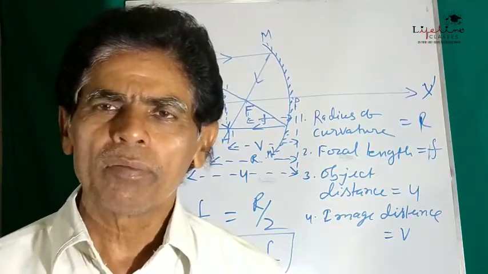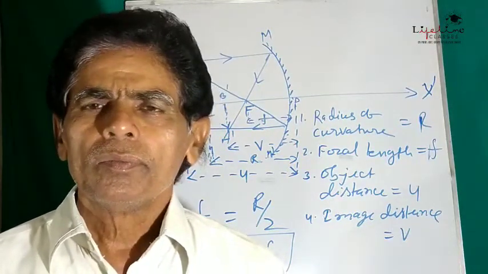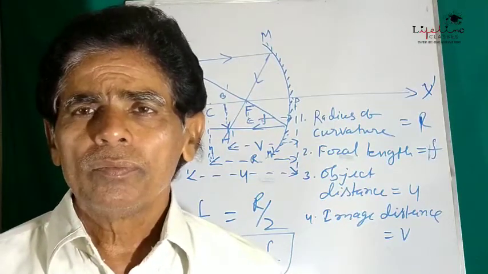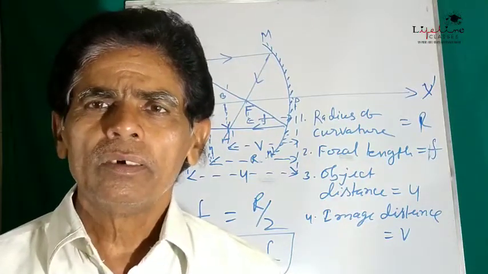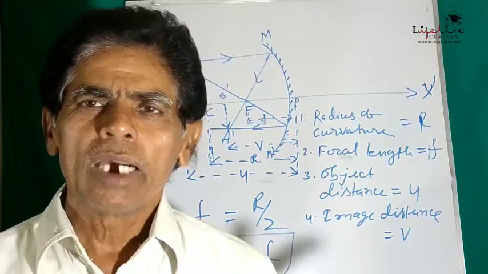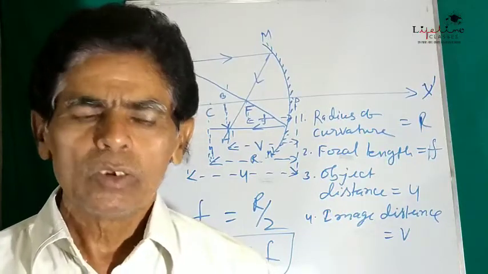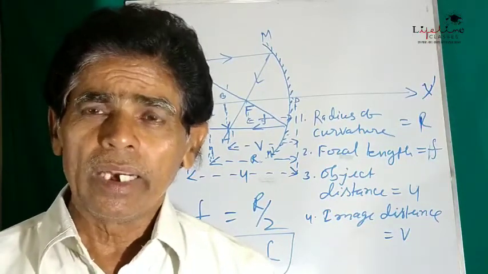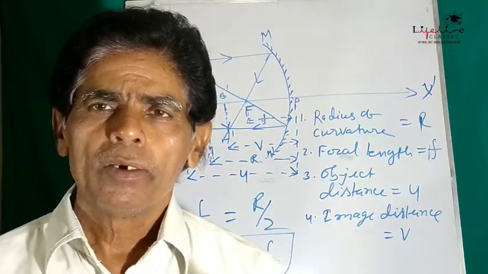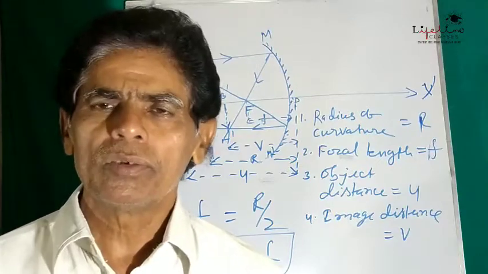So in order to draw a ray diagram, we need at least two incident rays starting from the object to have a sharp image.